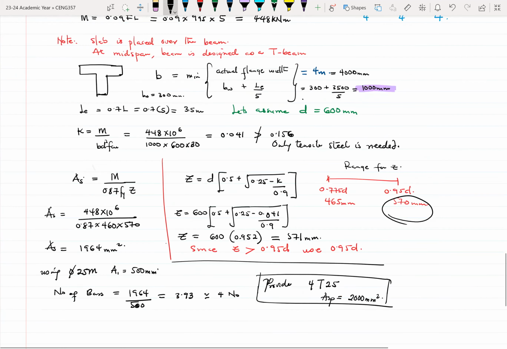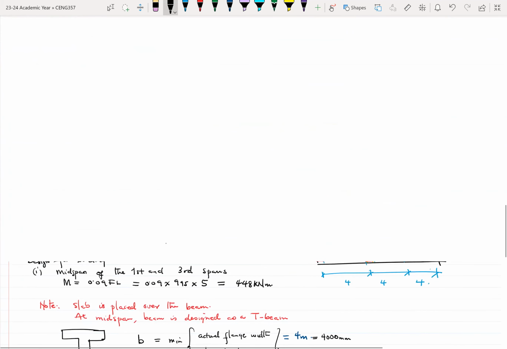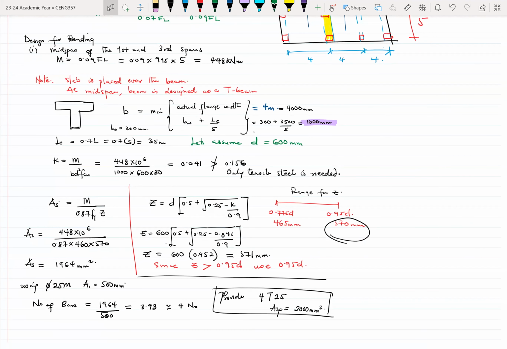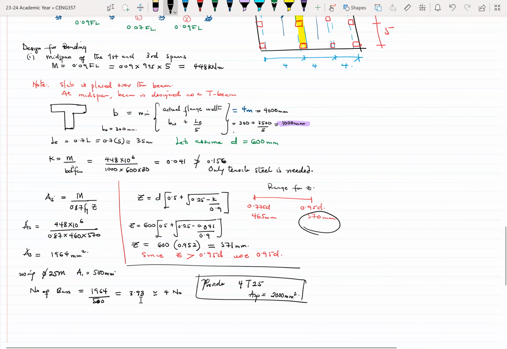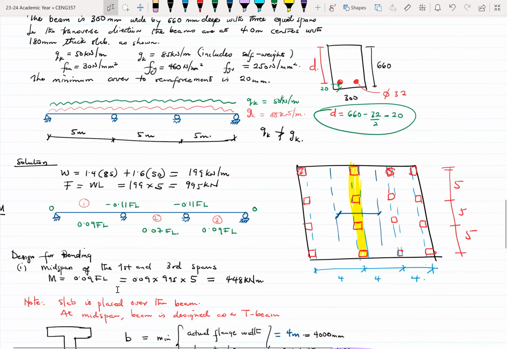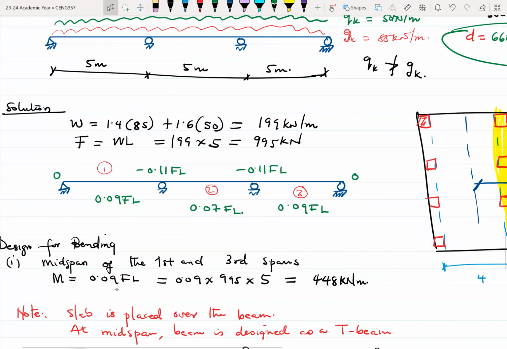All right. So that's for the first and third span. All that we've done so far is for the first and third span. They also do a similar calculation for the interior span. But let's not jump. So let's do the first interior support, or over the supports, since they're the same.